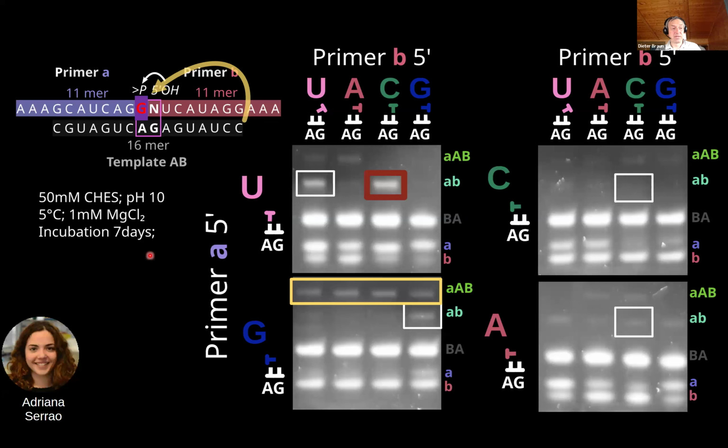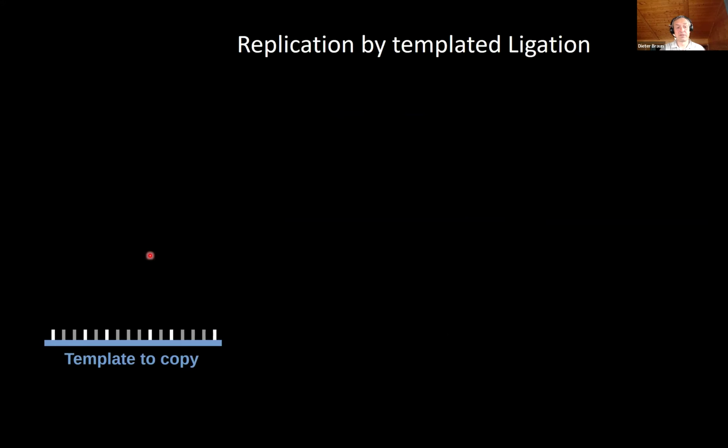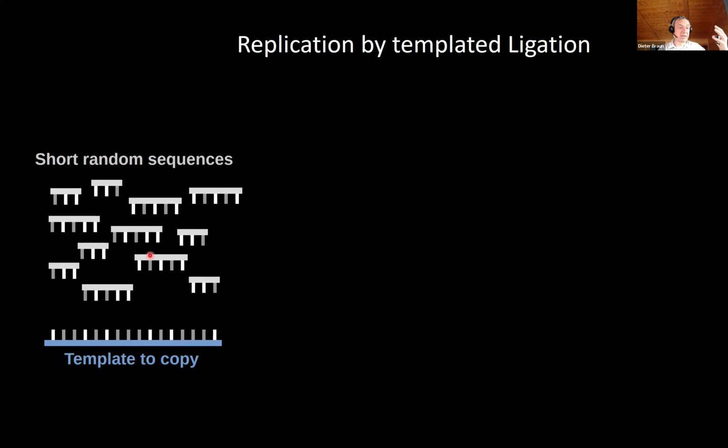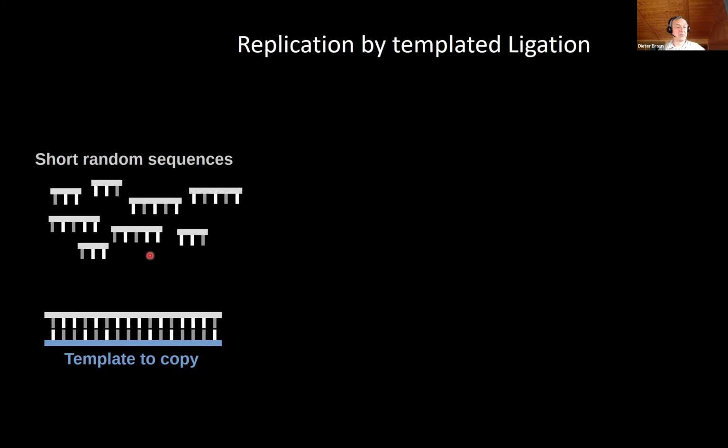I think we should do it, but we'd like to make this faster. Still, it would be the first time you could show a prebiotic ligation chain reaction. So the idea would be you have a template, you bring in the strands, the matching one comes down, and they ligate in one step. So that's quite interesting. The copying here would be length independent if the yield would be high.